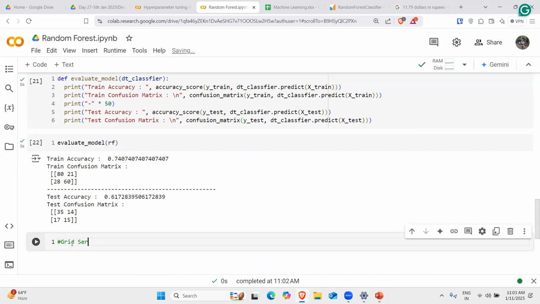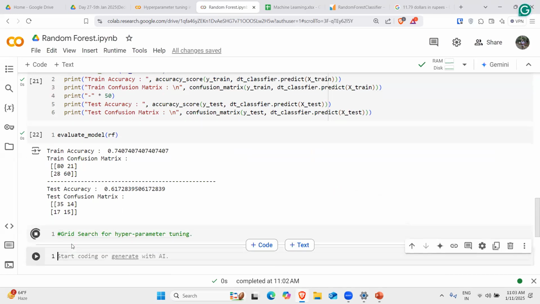So we'll just write grid search for hyperparameter tuning, right? So we will be creating a grid. I left this part with you as part of your homework. Nothing special. You can have a look at the last session wherein we have done the hyperparameter tuning.